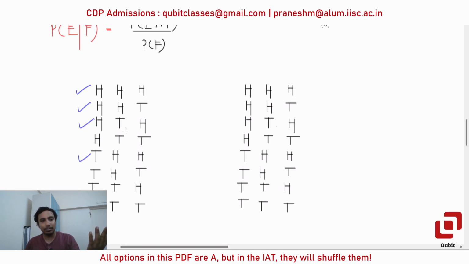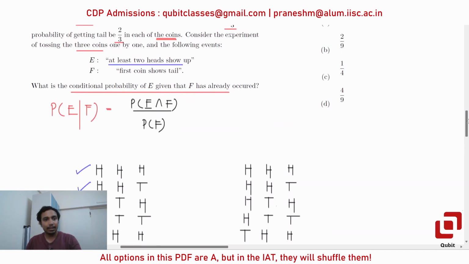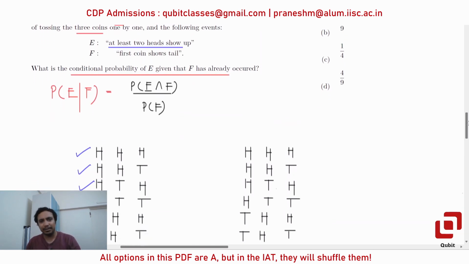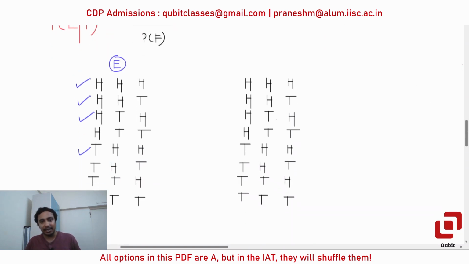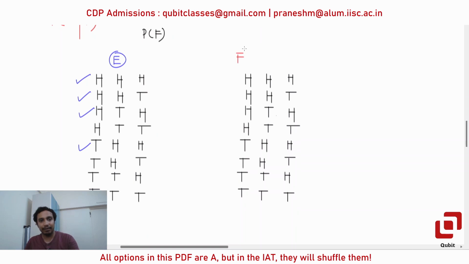Do we need the probability of E separately? We don't, so let's just skip that. E is done. The outcomes that belong to E are done. Now let's go to F. What is F? First coin shows tail. So for F we have got 1, 2, 3 and 4.